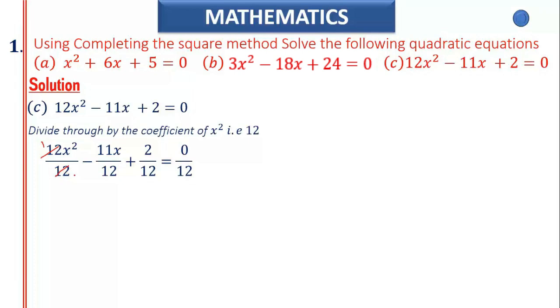Nothing can divide through each other here for the 11. 12 and 2: 2 goes into 12 six times, so that's 1 over 6. And 12 into 0 is 0. So from what you have here, x^2 - 11x/12 + 1/6 = 0.